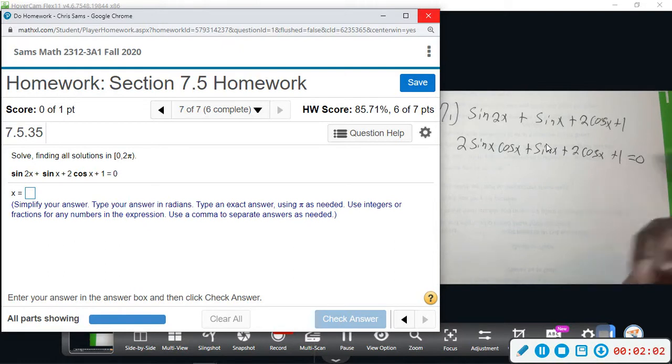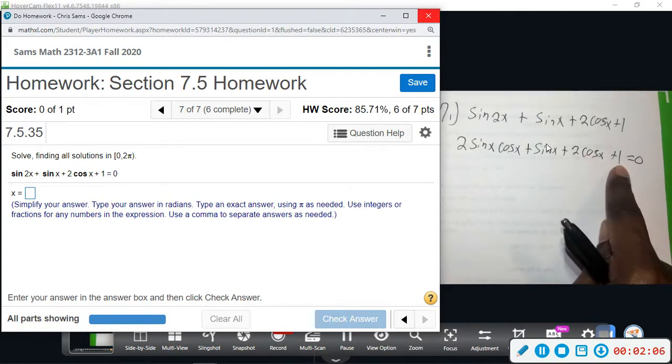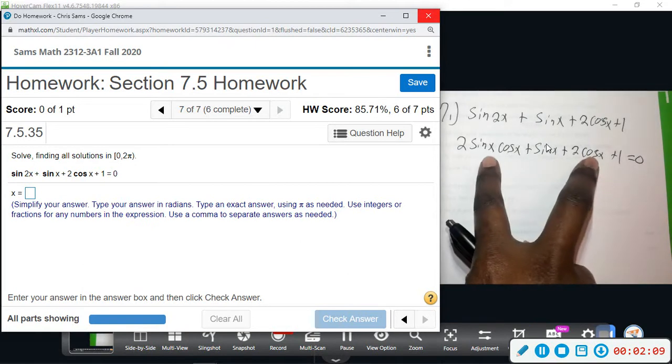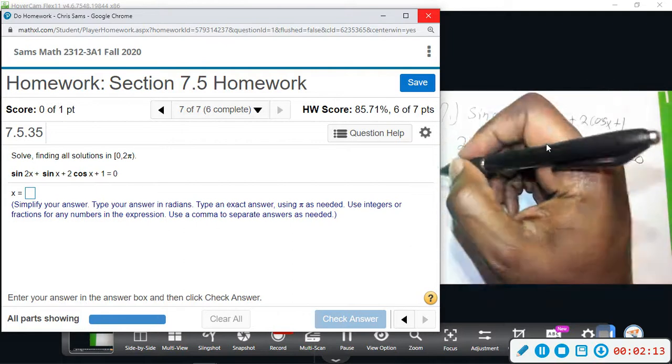Looks like we can do factor by grouping since we have 4 terms, 1, 2, 3, 4. So I'm going to rearrange it and put these two together because I can factor out a 2 and a cosine. Alright, so I'm going to rearrange this problem.